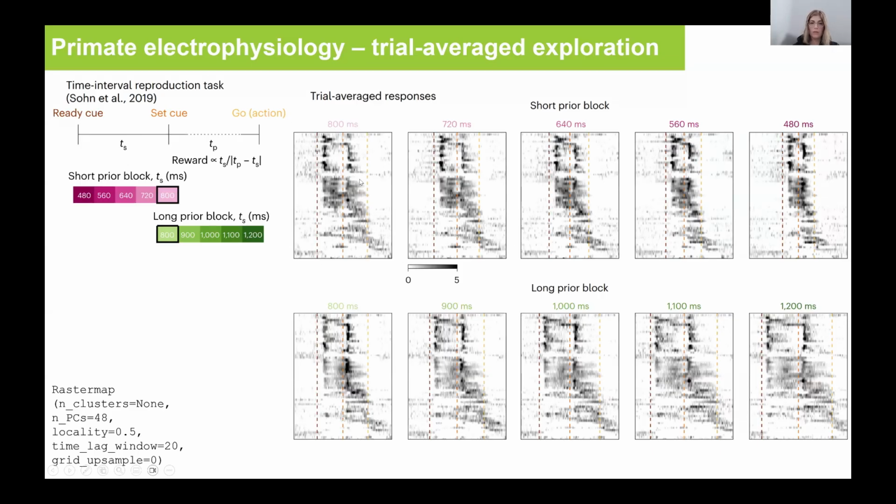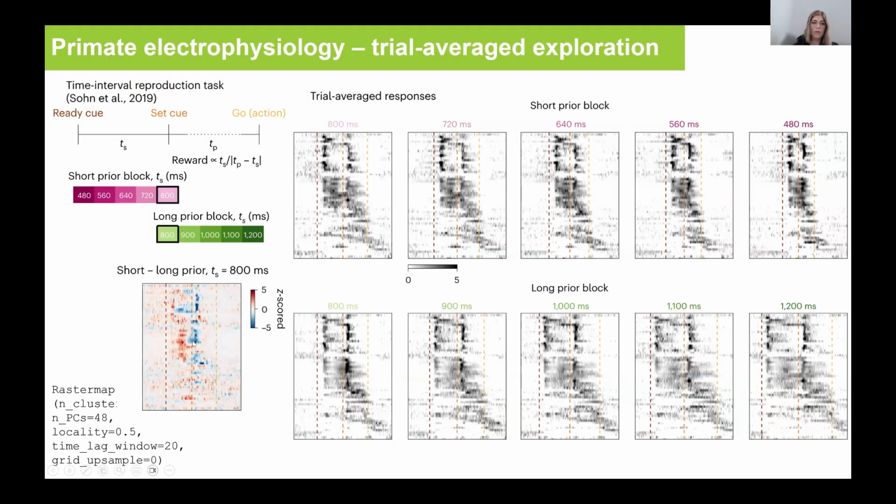And this is the trial average response to these different time intervals. And they had these different blocks with different priors on the average time window. And so you can look, for example, after sorting at what the difference is in the responses depending on the prior in the recording block that they were looking at, the behavioral block. So that could be another helpful way to use Rastermap.